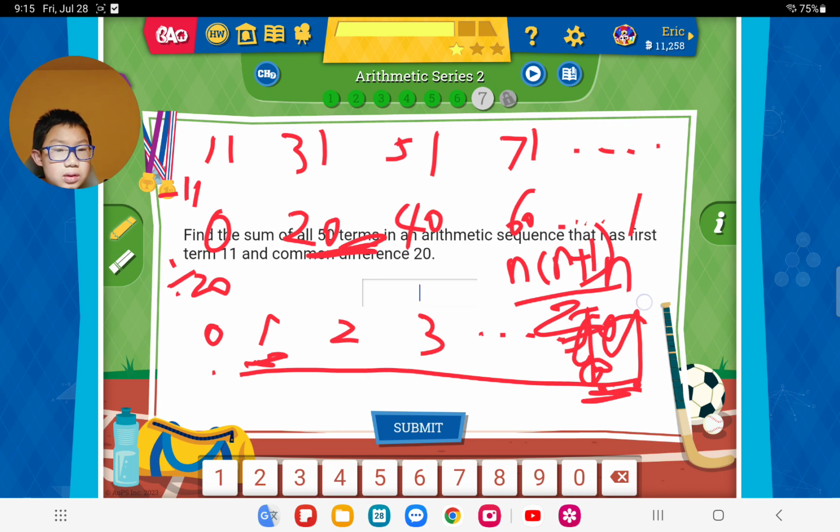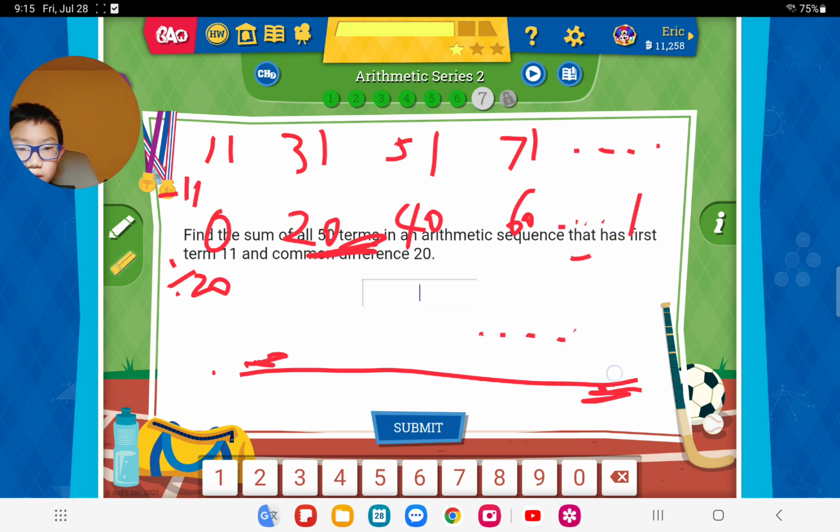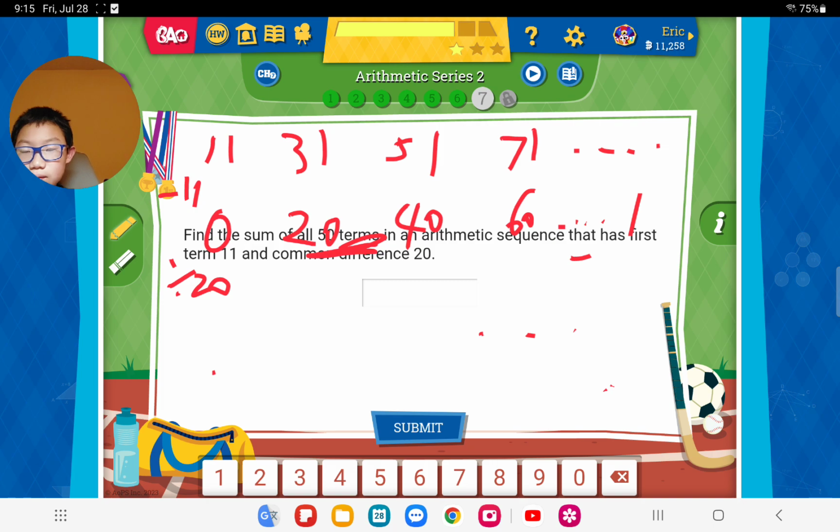Do you know how to get this formula? Yes. Can you show me how to get this formula? Give me a moment. 1, 2, n. How do you get that formula?